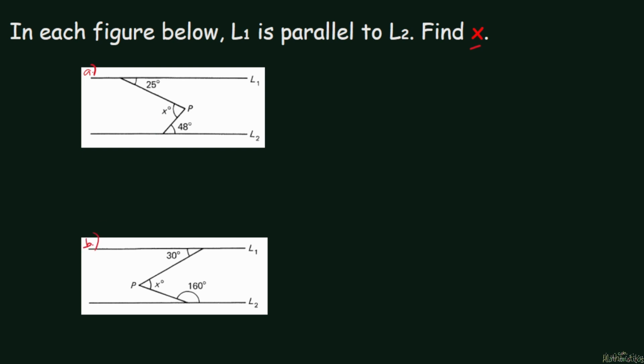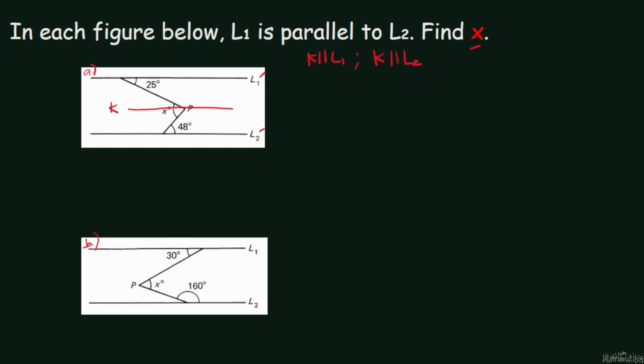In order to solve this one, we need to draw a third line parallel to line 1 and line 2. We will do that parallel line. Okay, this is line K and it is parallel to line 1 and also parallel to line 2.